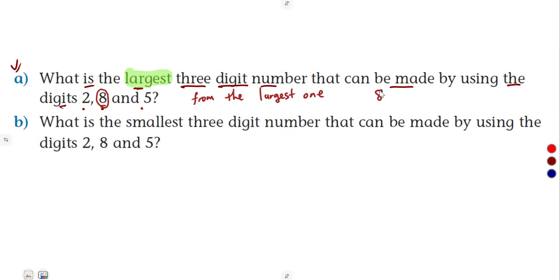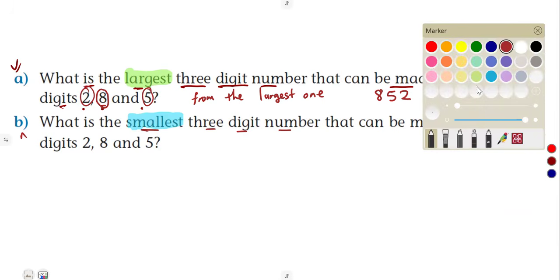So it's going to be 8 followed by 5 followed by 2. So that is the largest 3-digit number that you're going to have, 852. So you take it in that order from the largest one. B, what is the smallest 3-digit number? So you take from the smallest one.